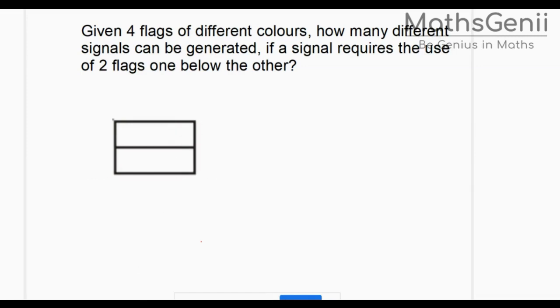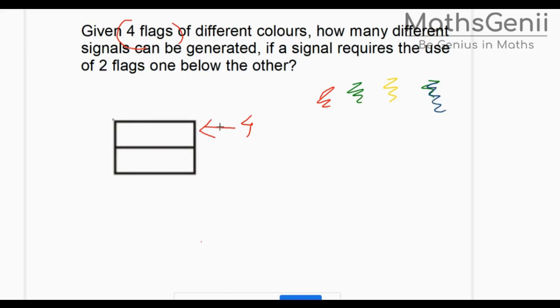For the first flag, the first position, how many options do you have? Four flags of different colors. Suppose I have a flag of red, a flag of green, a flag of yellow, and a flag of blue.